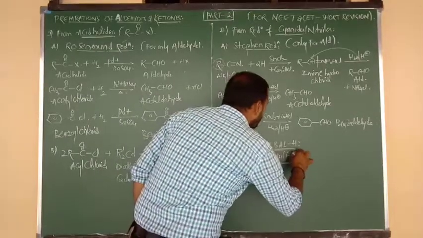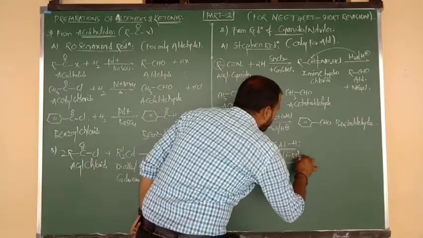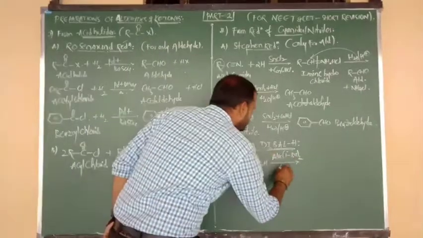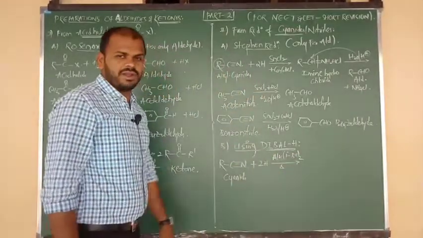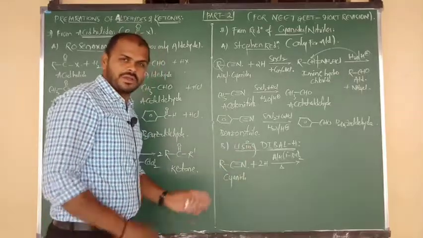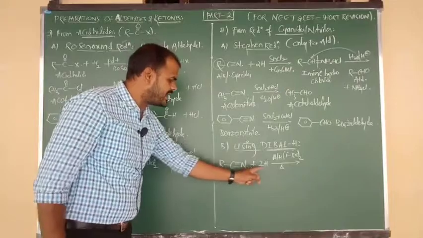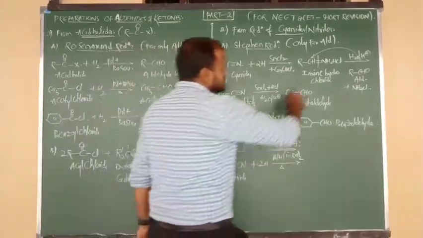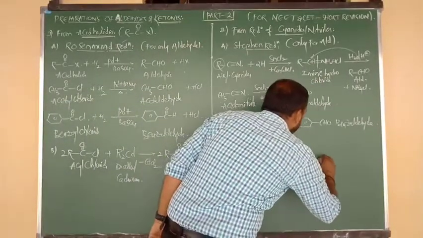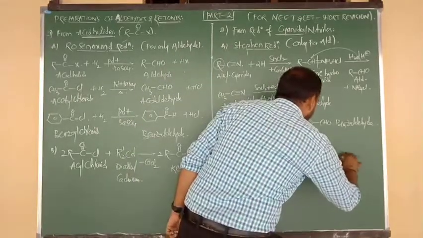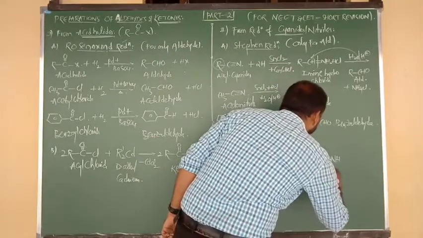Which type of aluminium hydride? Isobutyl taken twice. Cyanides upon reduction with DIBAL-H, first of all change into imine. One hydrogen is given to C, one more hydrogen is given to N. Here also you are getting R bond CH double bond NH. This is nothing but imine.